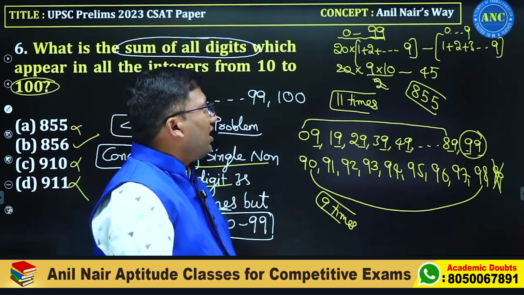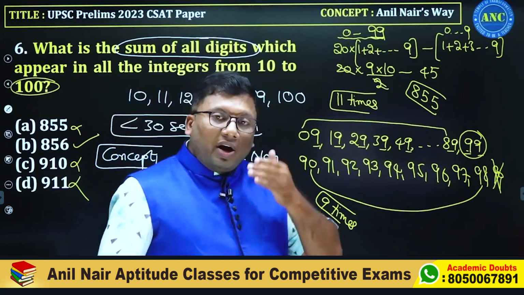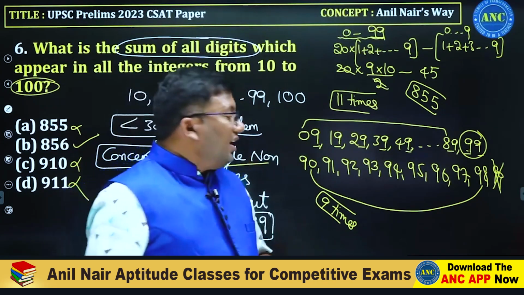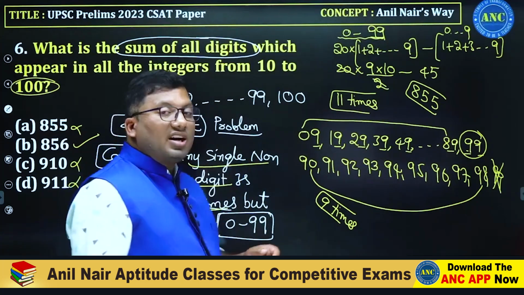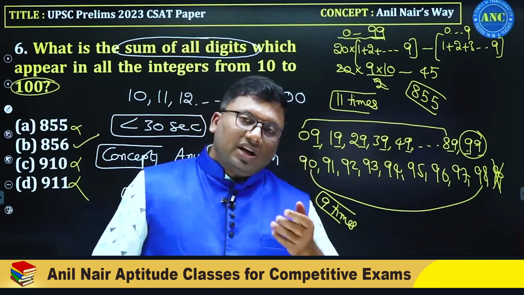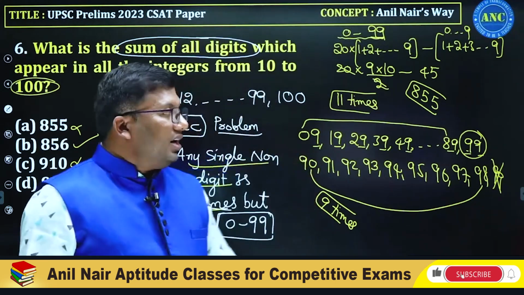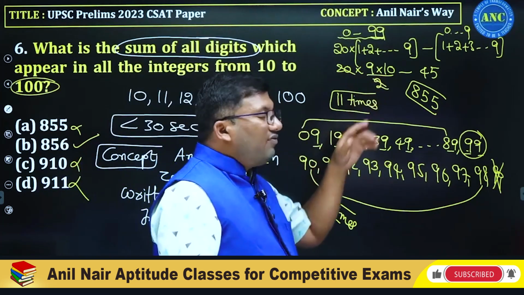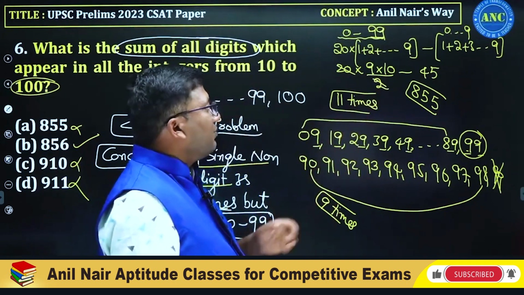Now if you see here, from 0 to 99, 1 is written 20 times. Any single non-zero digit, right sir? 2 is written 20 times, 3 is written 20 times. Till 9, every digit is written 20 times.